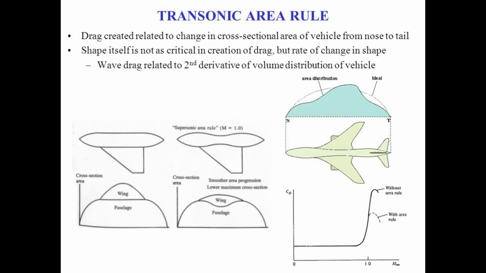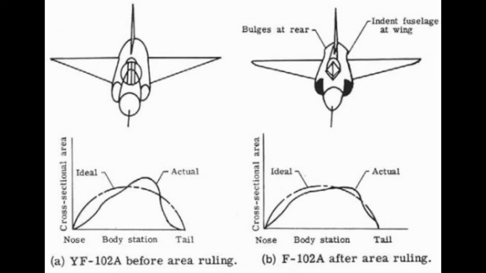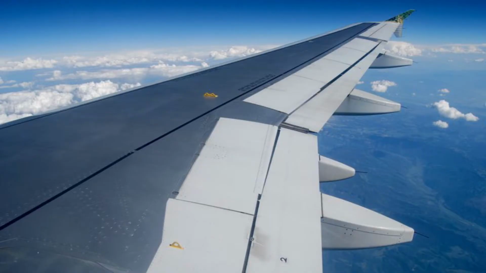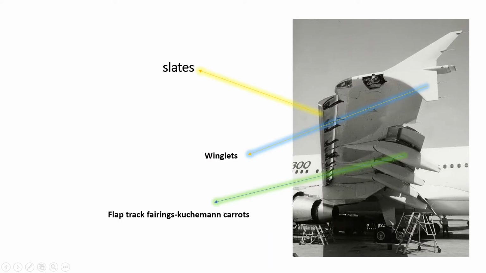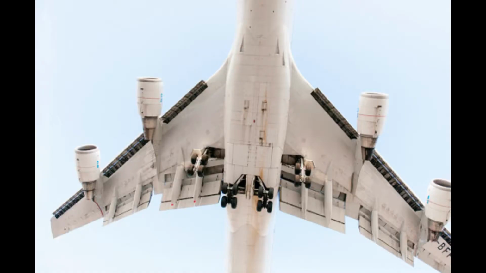Most commercial airliners, including the Airbus 340, fly within the transonic region between Mach 0.8 and Mach 0.85. The shape of the flap fairing used on these airliners helps bring the plane closer to the ideal cross-sectional area distribution according to the rule.